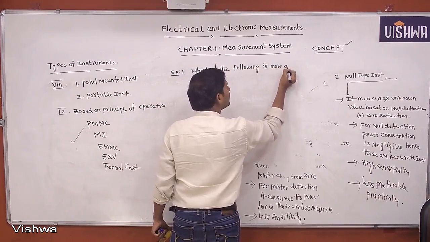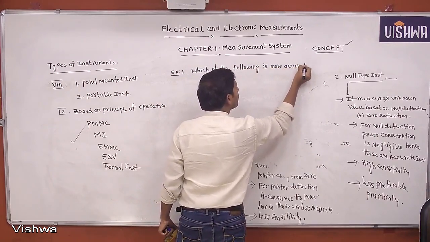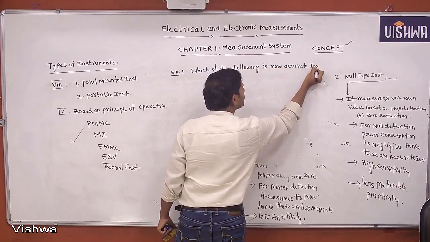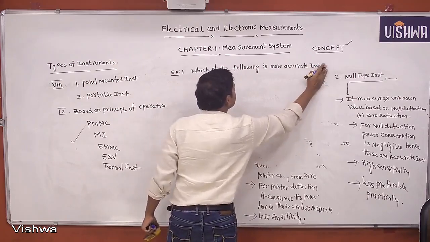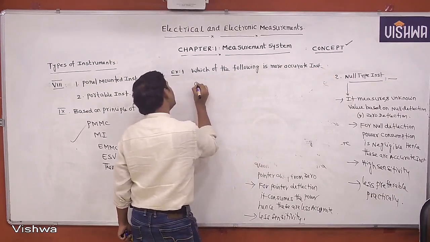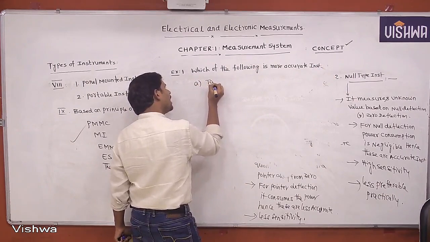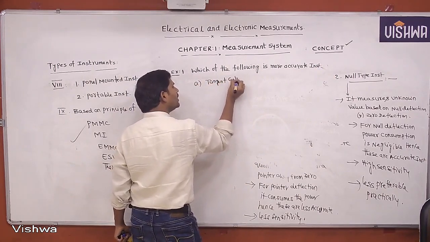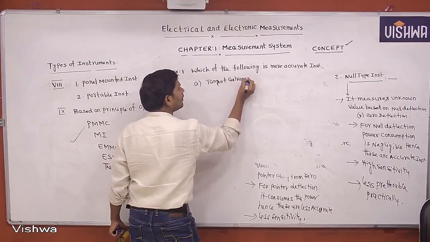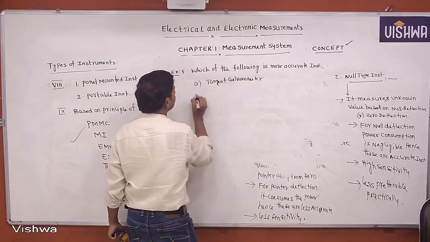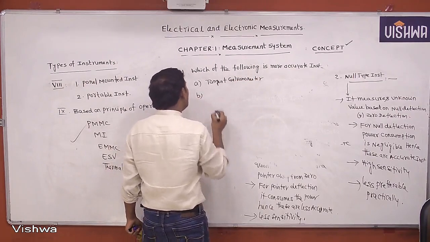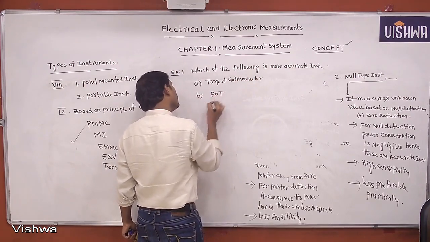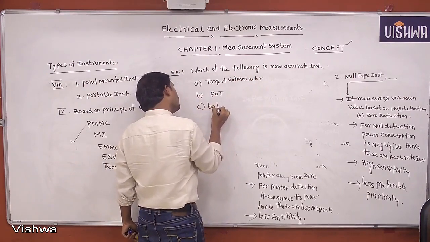Option A, tangent galvanometer. Option B, potentiometer. Option C, both A and B.